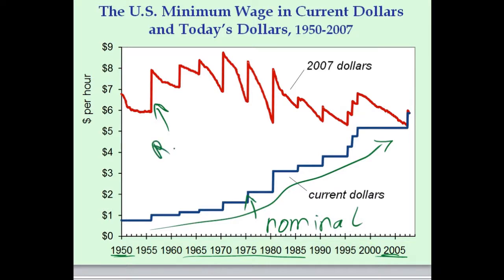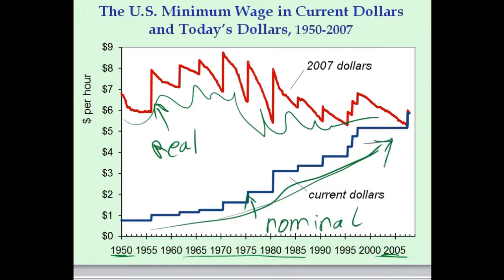We see it in constant dollars, meaning we take the effects of inflation out. Obviously, after getting rid of the effects of inflation, the minimum wage was raising and falling as a purchasing power, unlike what appears in the nominal dollars that shows that the minimum wage was constantly raising.